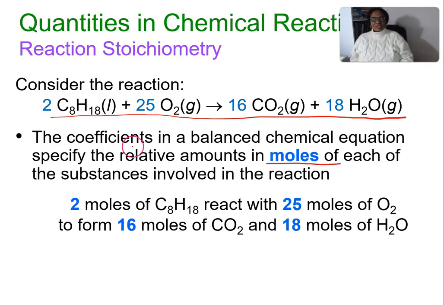So according to this balanced equation, the information we can get is that 2 moles of C8H18 react with 25 moles of oxygen to produce 16 moles of carbon dioxide and 18 moles of water.